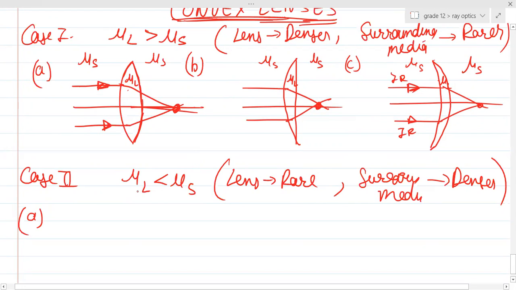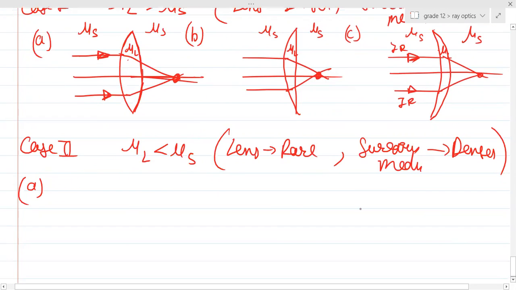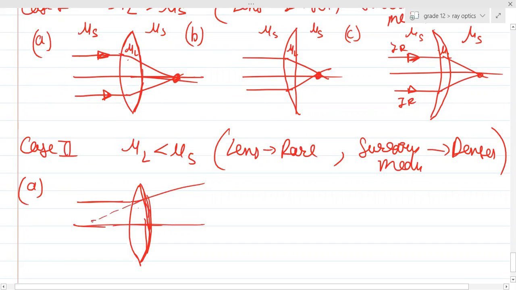If the lens is made of a rarer medium, suppose there is an air pocket, air trapped in the form of a convex lens inside water. So this lens, even if its shape is a convex lens, will behave as a concave lens.